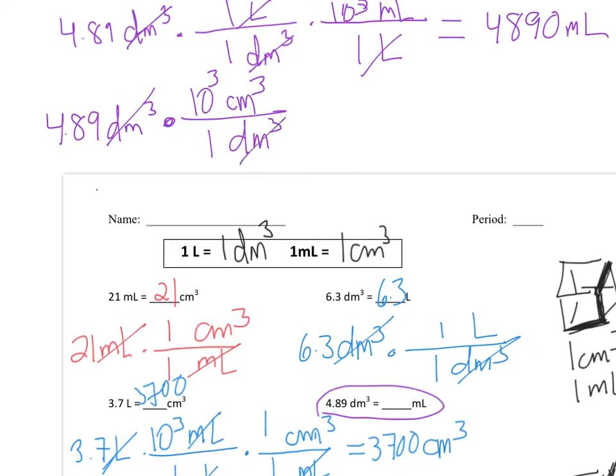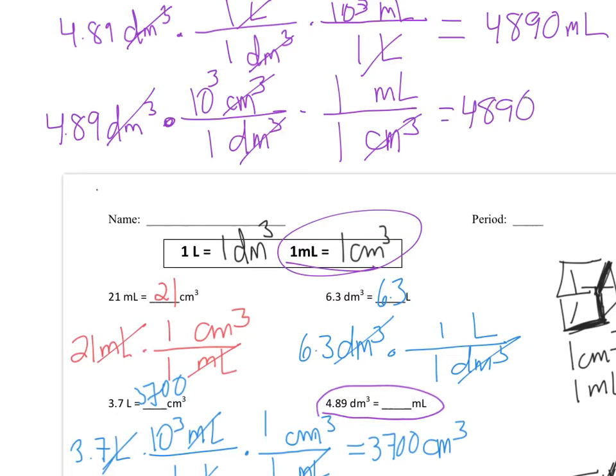That way your decimeter cubed cancel. Then your second step would be to put centimeter cubed on here, milliliters here, and according to this, 1 and 1, so your centimeter cubed cancel as well. So 4.89 times 10 to the third times 1 divided by 1 divided by 1. So 4890 milliliters.